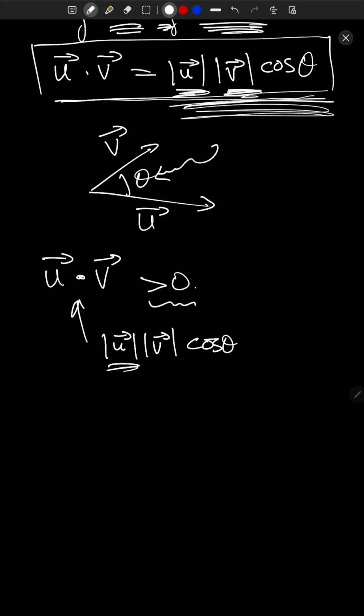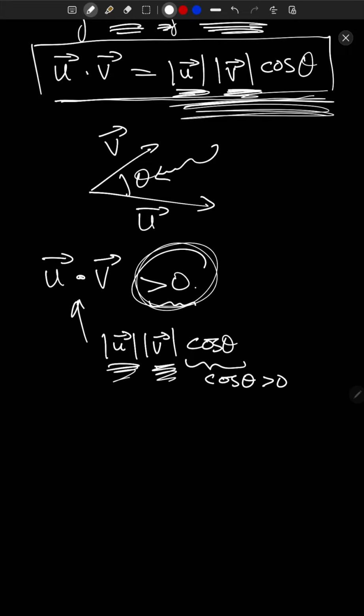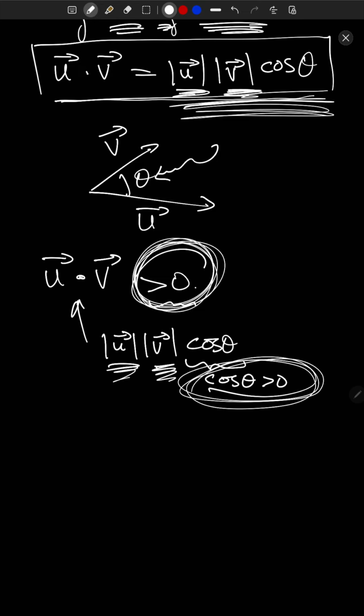Length of u is going to be positive. Length of v is going to be positive, as long as u and v are not the 0 vectors. And so what that means is cosine theta has to be positive. When is cosine theta positive?